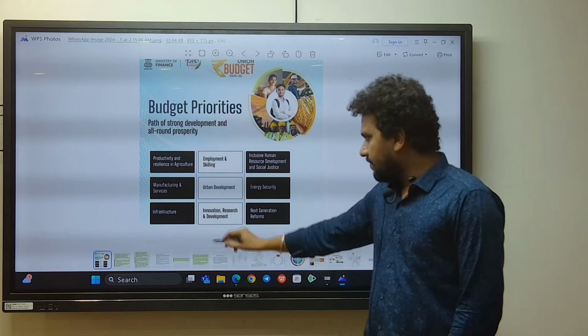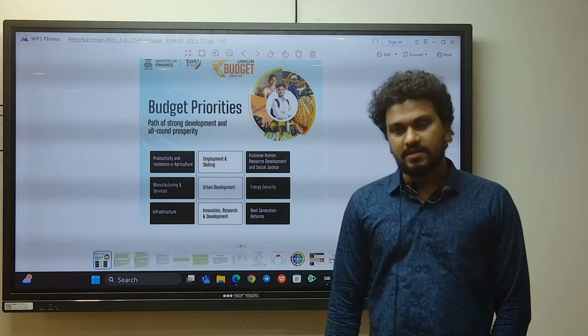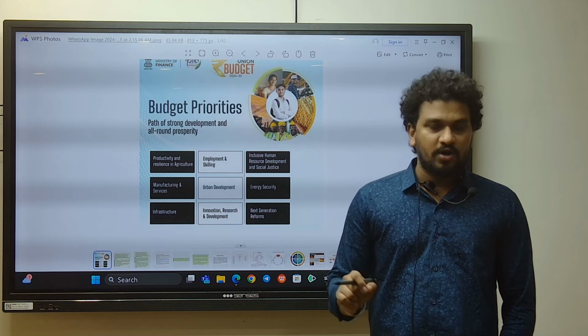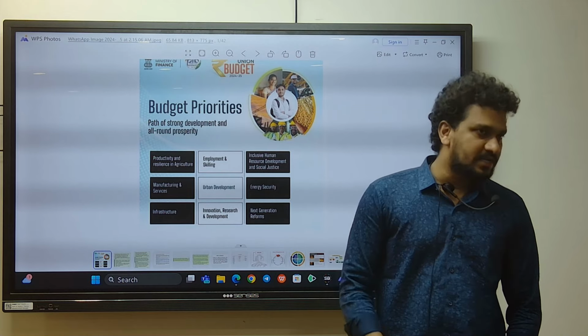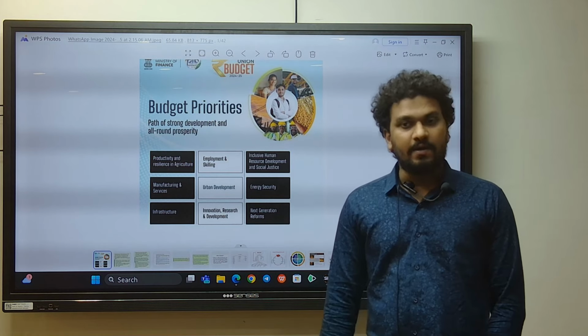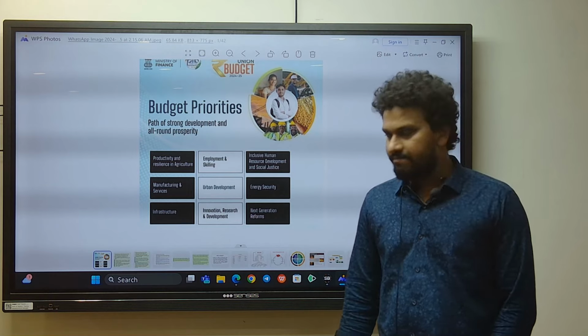Then the next priority area is manufacturing and services. What could be the economic policies on the manufacturing and services sector in the coming financial year? Then it also emphasizes urban development. What initiatives can be taken with respect to urban development?